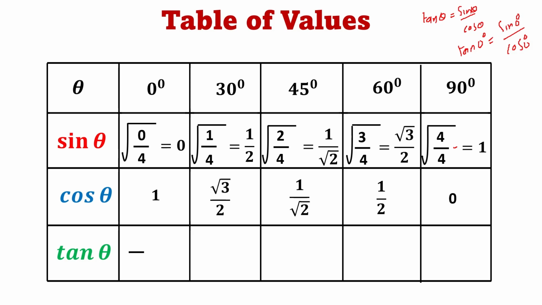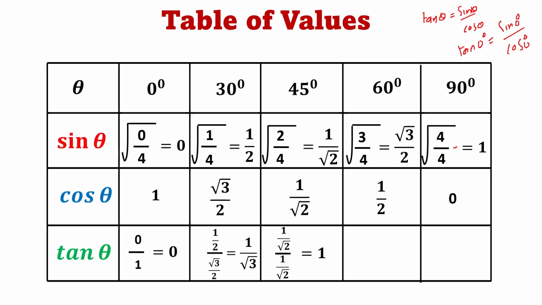So tangent 0 will be equal to the value of sine 0 over the value of cos 0 and that will be 0. For tangent 30 degree, sine 30 will be divided by cos 30. After simplification it becomes 1 over square root of 3. For value of tangent 45, divide sine 45 by cos 45.